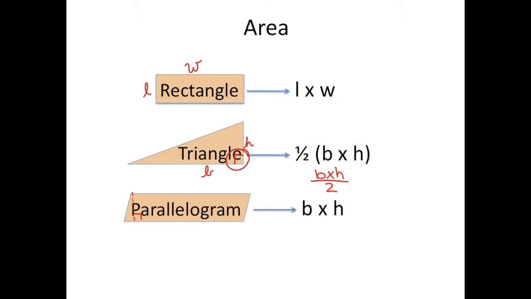And remember, the right angle is going to let you know where your base and your height come together. So now that I've drawn my height on my parallelogram, I can label my height and my base. So to find the area of a parallelogram, we're going to multiply the base times the height, and we'll then know the area of our parallelogram. So these are the 3 formulas that we now know for finding area.